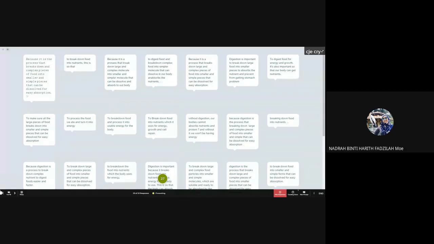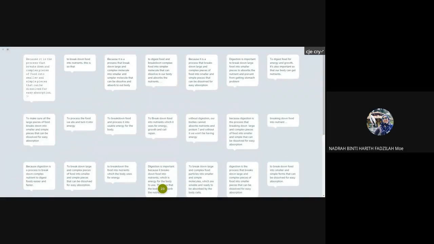The aim of today's lesson is to discuss the digestion process, proses pencernaan. Mainly we will take a look at the organs yang kita label tadi.